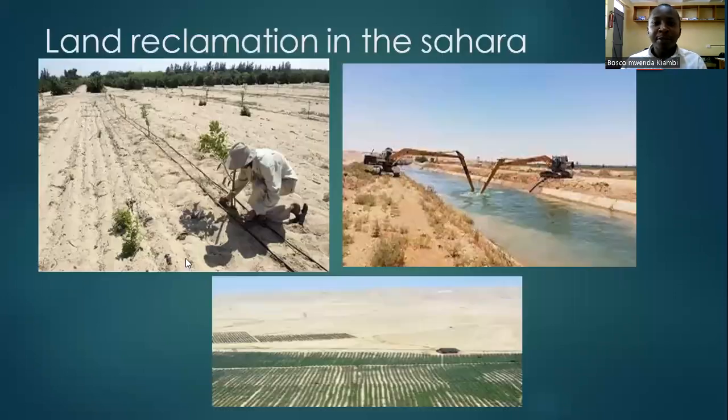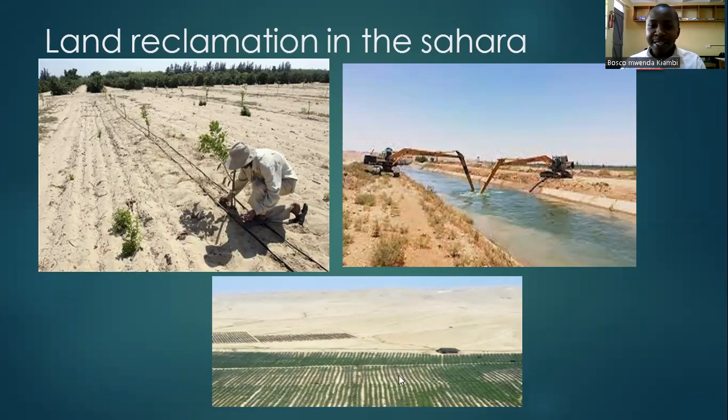For example, I want us to have a look at this piece of land. This is an Egyptian desert. This is Egypt. They are trying to make sure that this piece of land is productive. So you can see that they are trying to establish trees, tree cover. Others have set up maybe canals to bring water into those areas.